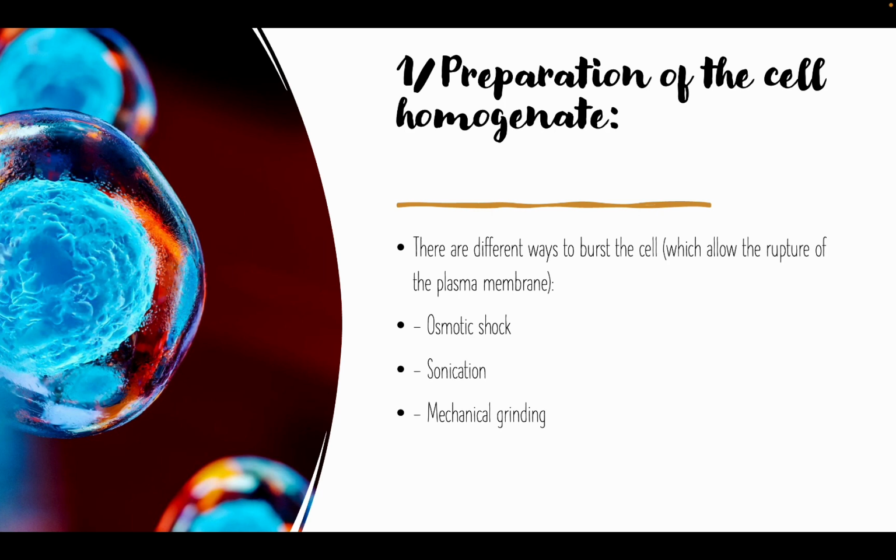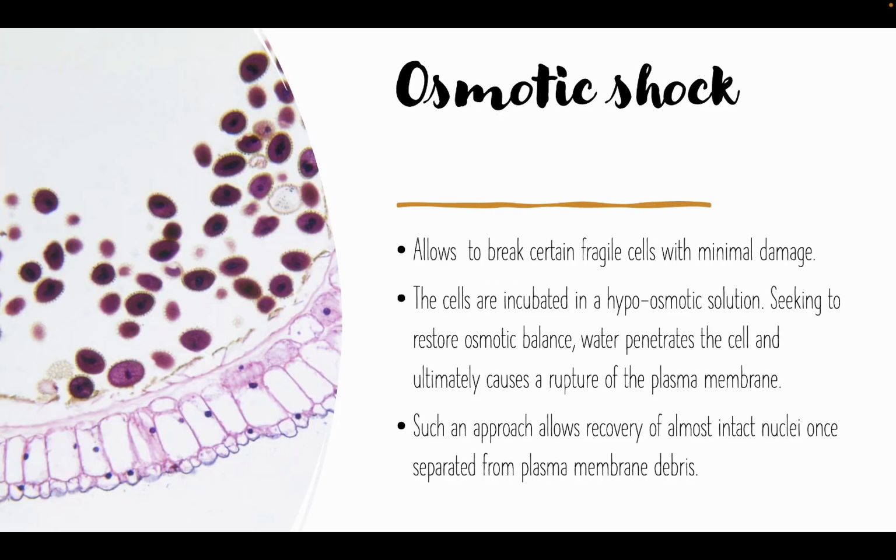So the first method is osmotic shock. Osmotic shock is a general way to break cells, like opening a delicate cell with as little damage as possible. How does it work? Cells are placed in a solution with less stuff, a hypoosmotic solution.